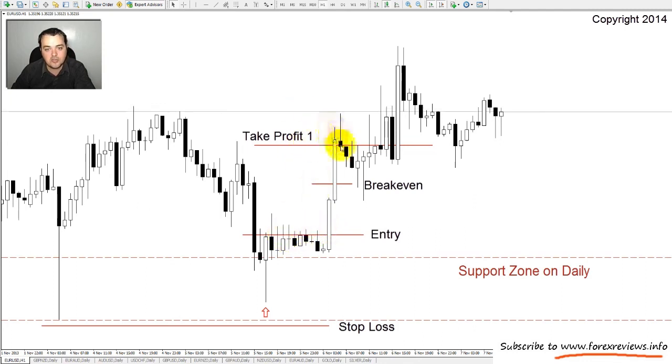The next position we allowed to run until we got an opposing candle telling us to get out. And look, we got one right here, almost straight away. Opposing engulfing candle. Now I'll pinpoint that. However, you could have allowed the market to keep moving.